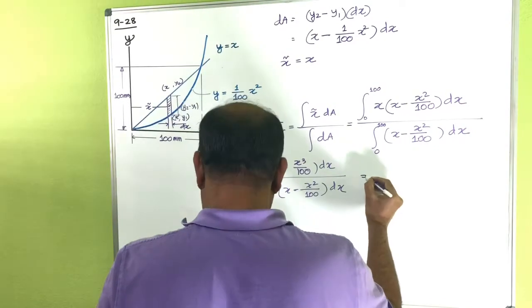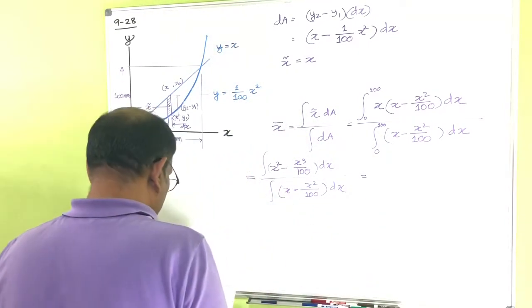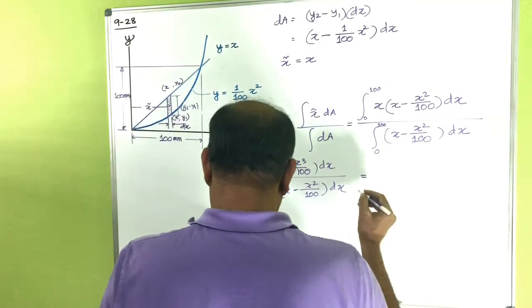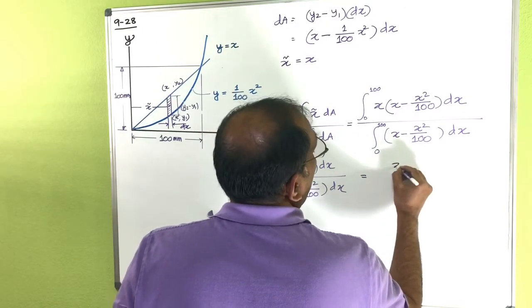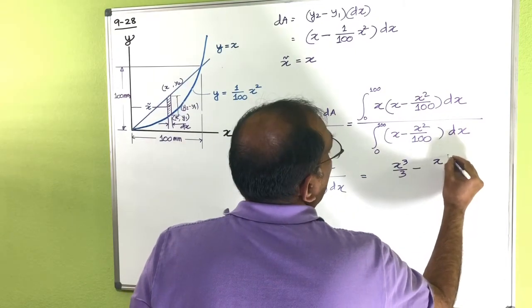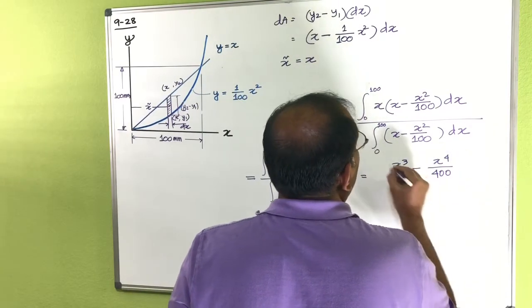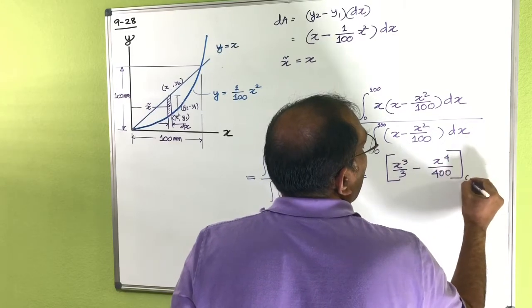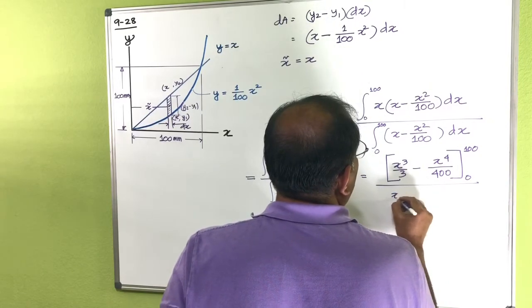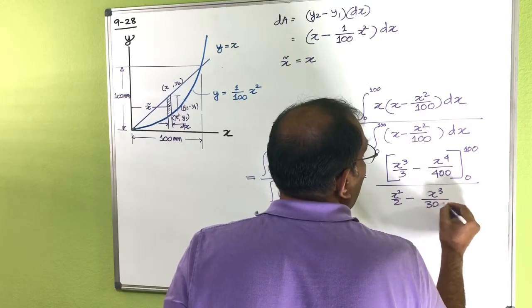If you integrate that one, that would be x cubed by 3 minus x to the power 4 by 400, divided by x squared by 2 minus x cubed by 300.